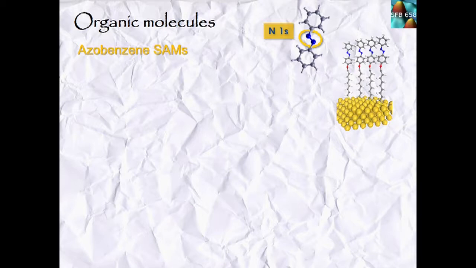So this metal surface somehow adds additional screening, because it's a very polarizable medium. And this additional screening would change both. It would change the electronic band gap of this molecule. So it would lower the band gap. But at the same time, it would also lower the exciton binding energy, because it also adds additional screening to the electron-hole interaction. So overall, the excitation energies would change quite drastically.